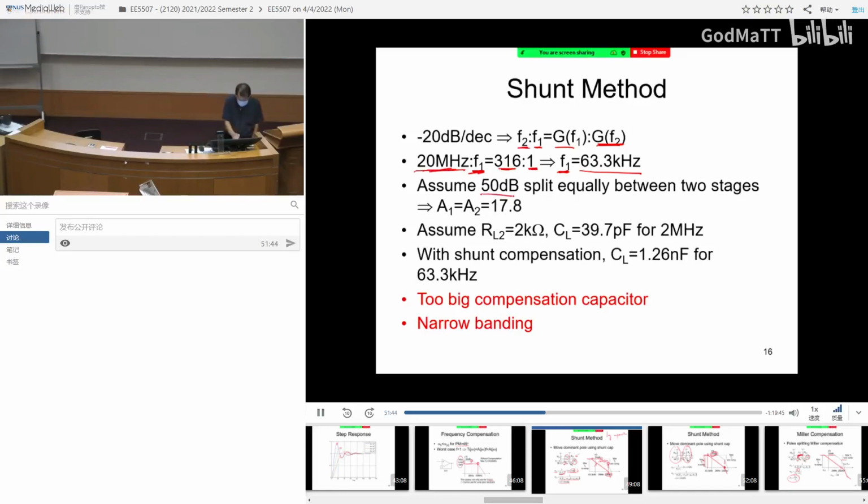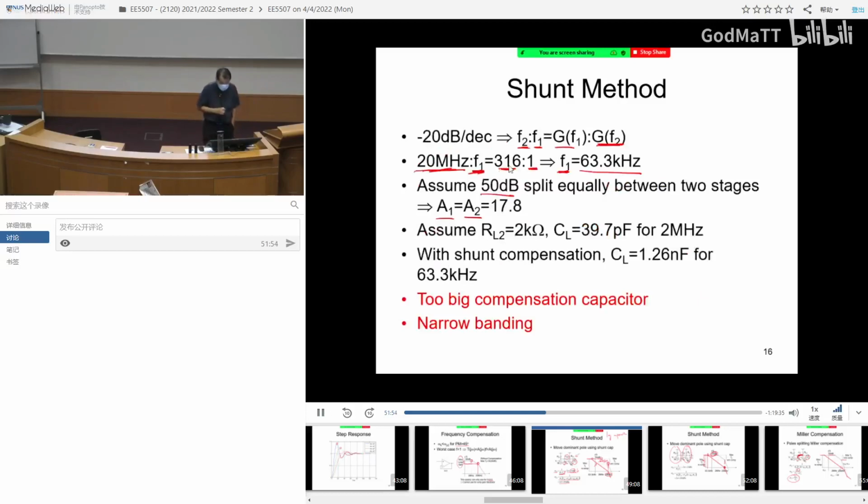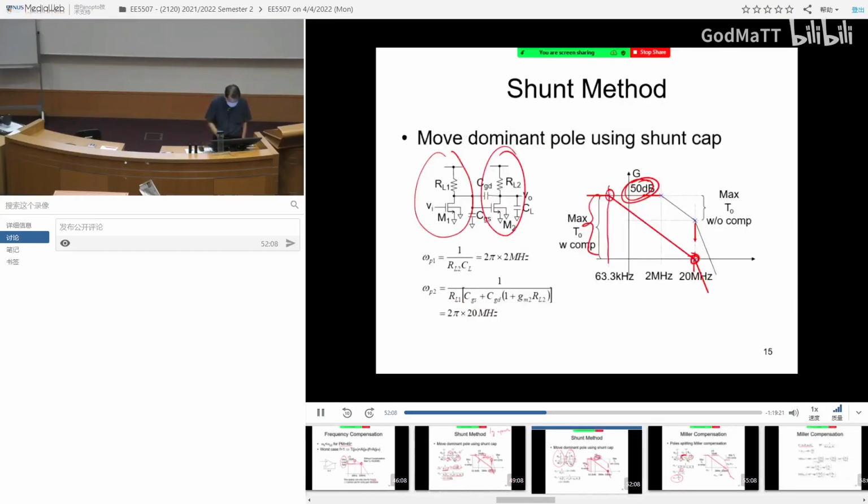So if we assume 50 dB split equally between the two stages, A1 and A2, I have a two-stage amplifier, A1 and A2. Each stage has about 17.8 gain. My RO2 is about 2 kilo ohm. So with this 2 kilo ohm, I can then figure out my CL.